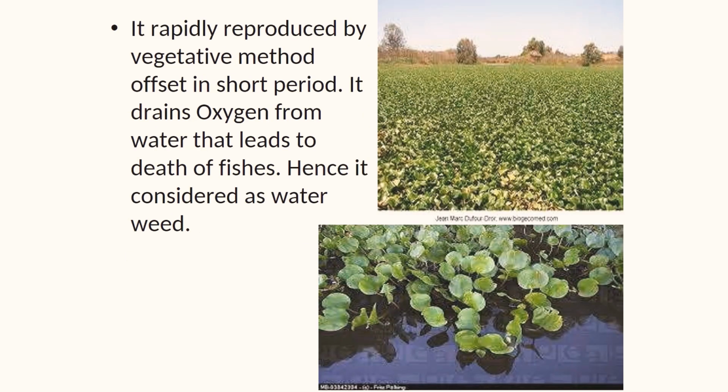It rapidly reproduced by the vegetative method, offset, in a short period. It drains oxygen from water and leads to death of fishes and other aquatic animals. Hence, it is considered a water weed.